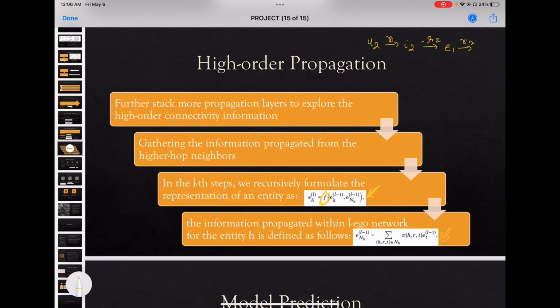Furthermore, the information from U2 in this relation that I'm writing down here is explicitly encoded in the term eU1 of 3, which says that the entity U1 has a third-hop neighbor U2 and its information is contained in this entire term. Clearly, the high-order embedding propagation seamlessly injects the attribute-based collaborative signal into the representation learning process.